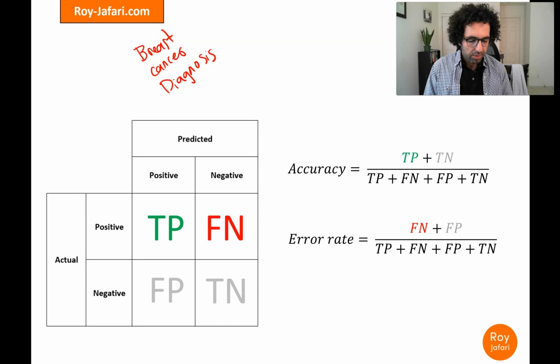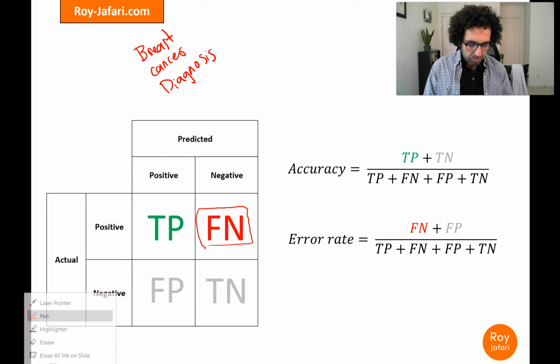We do see that false negative is used in the error rate, but false positive is used too. But we know that false positive is not as undesirable as false negative. False negative is far more undesirable.